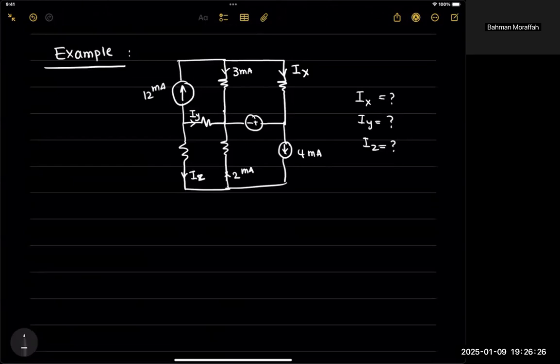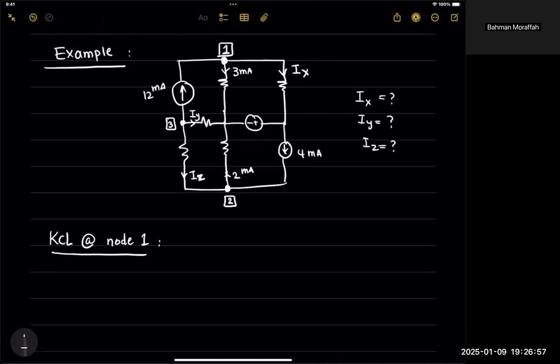Again, we're asked to find I's. So the best thing that we can do is to use KCL. Let's call this over here node 1. Let's call this thing down here node 2. And this thing over here node 3. If I write a KCL at node 1, what do I have?